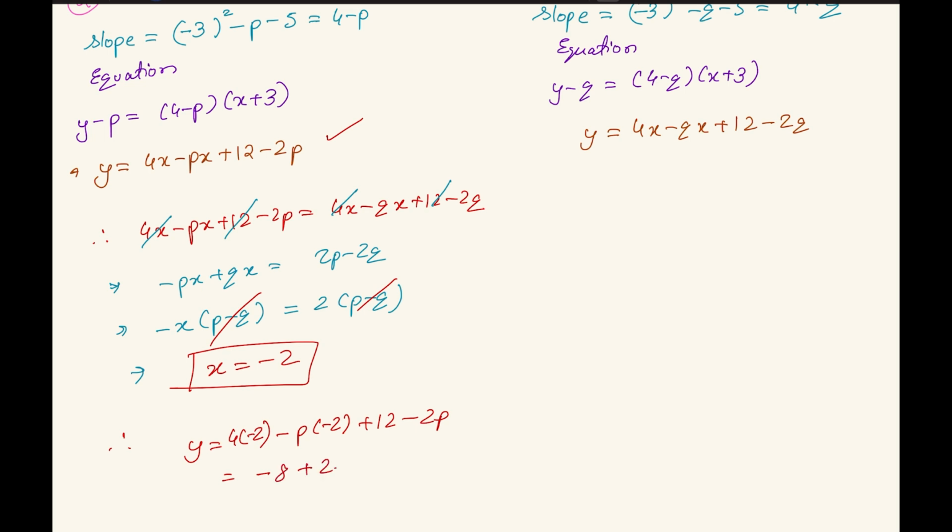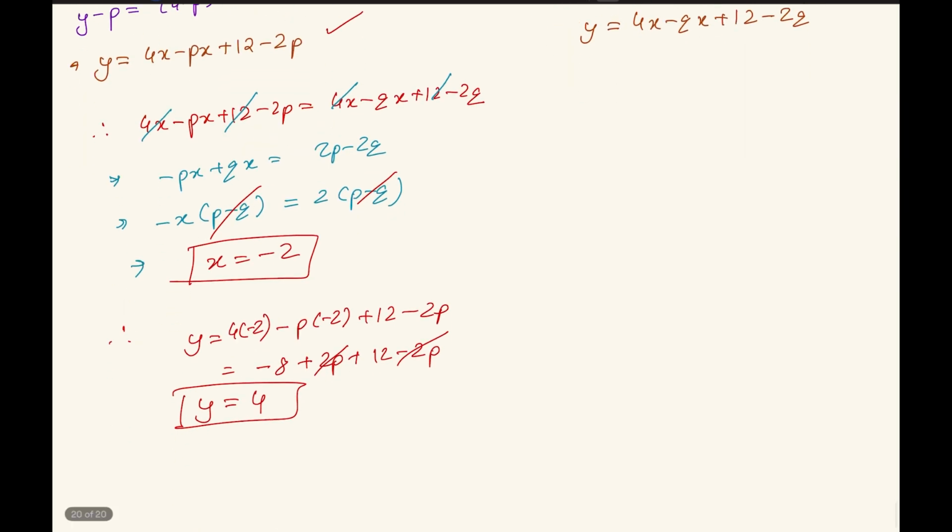Negative 8 plus 2p plus 12 minus 2p. These two p's get cancelled out, so y becomes 12 minus 8, which is 4. So the coordinates of the point of intersection will be negative 2 comma 4.